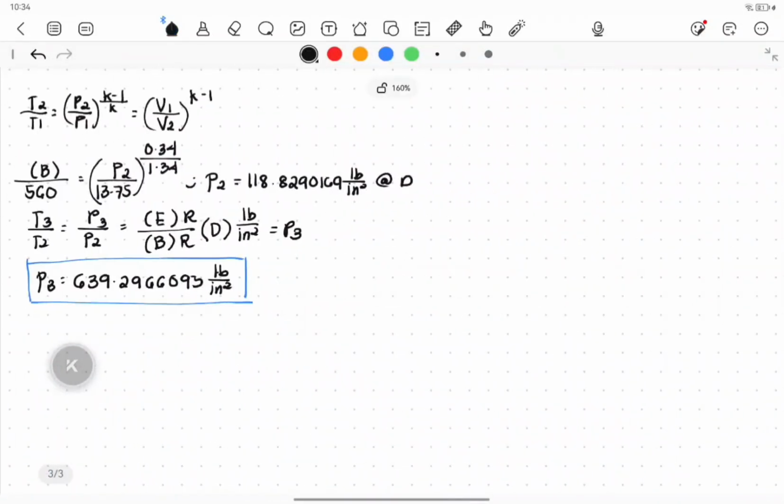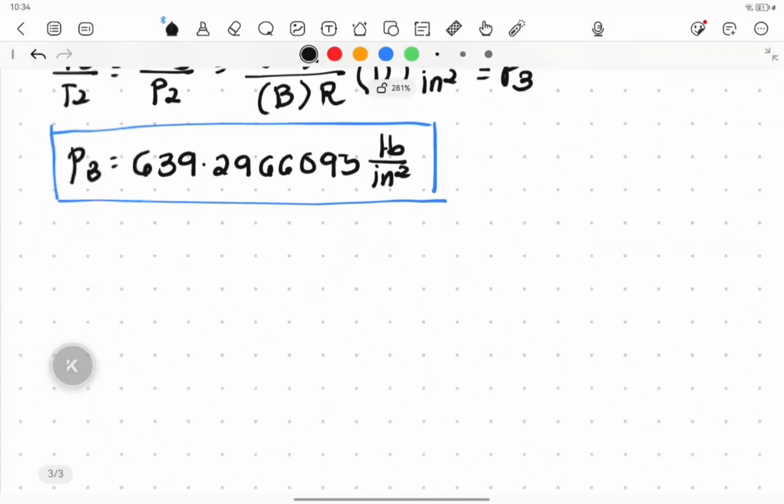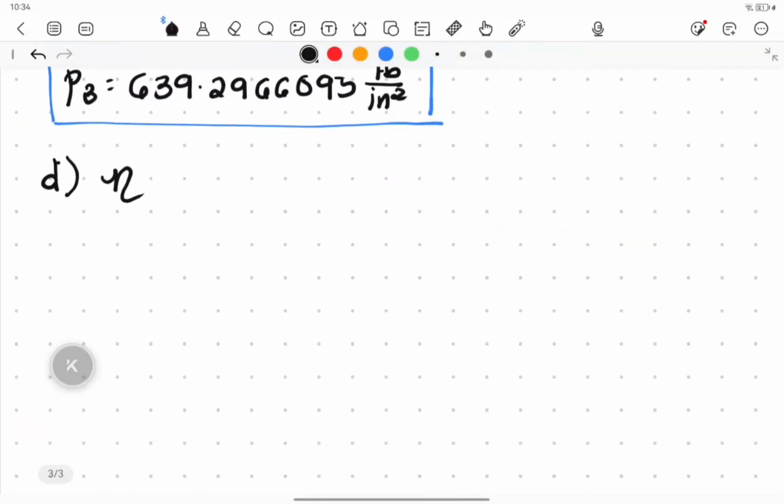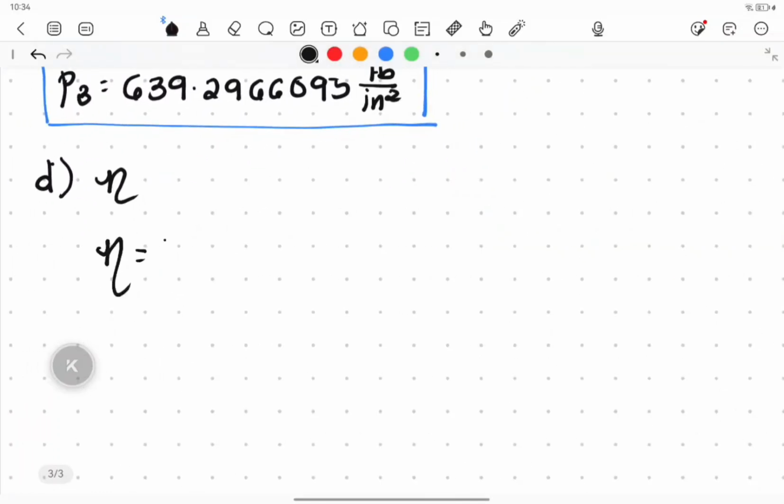We know that we have a shortcut formula for efficiency, which is 1 minus 1 over rk raised to k minus 1 times 100%.